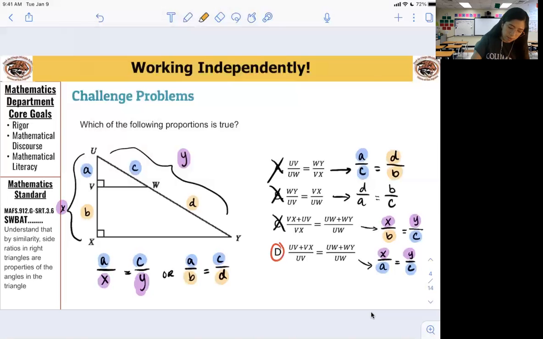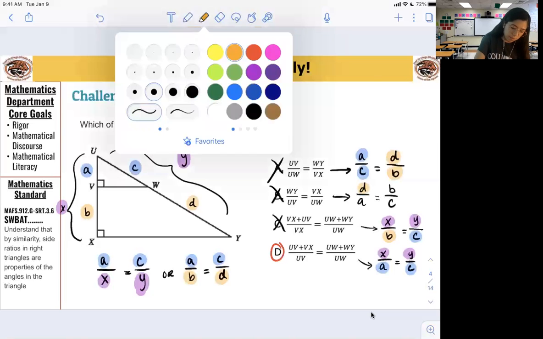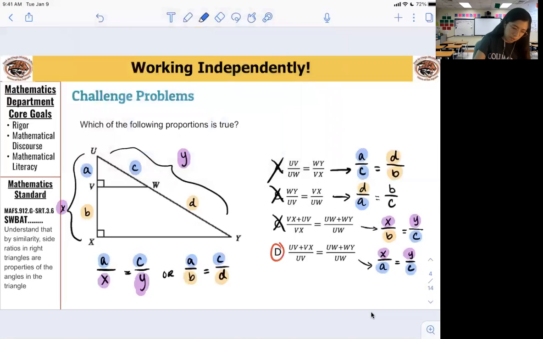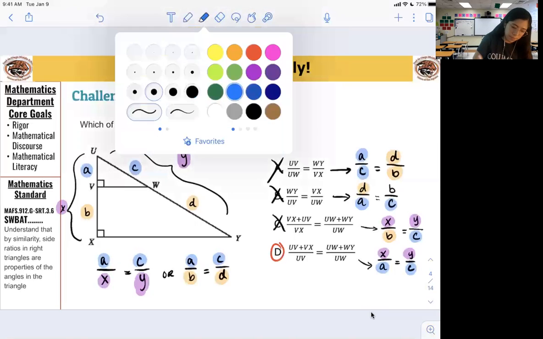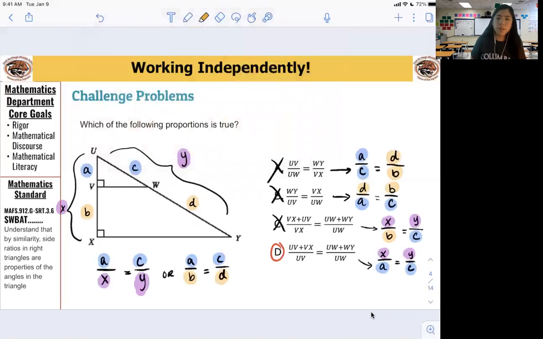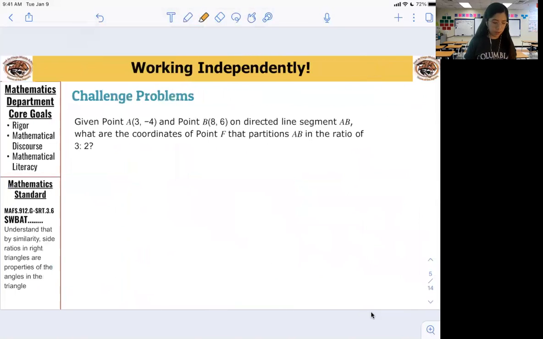And then here they had D over A and then B over C, but again, they just did it all in the wrong order. So we just got to be very careful. Any final questions on this one? All right, cool. Moving on.